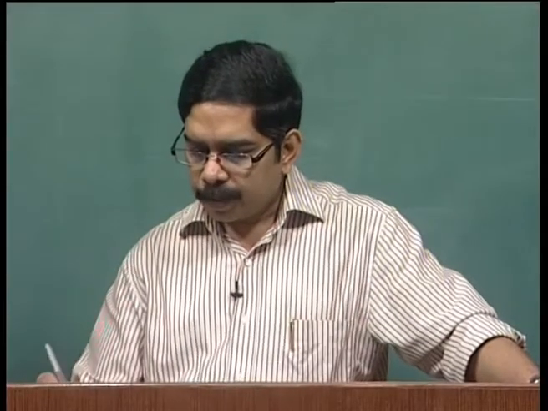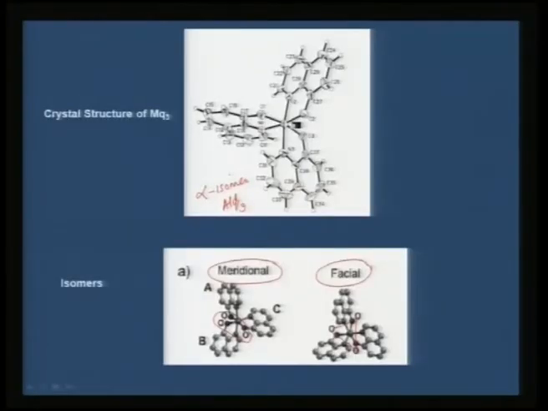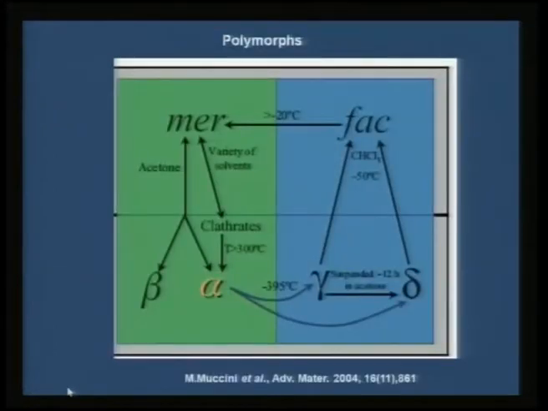Okay. So, based on the way these oxygens are arranged, either you can categorize this as facial isomer or meridional isomer, but there is also one other phase which is called clathrate, and this clathrate phase is a low temperature phase. If you try to heat this clathrate, actually if you sublimate, then you come across the alpha form, or these are all categorized as meridional forms, and there is another form called facial form.